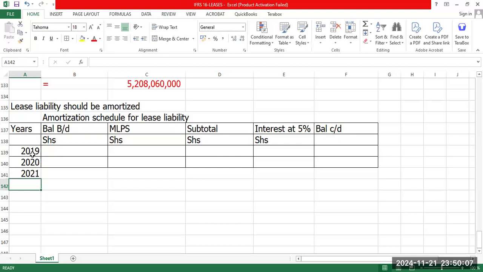Okay. Colleagues, when you're putting years, make sure that you follow the order from the lease agreement up to the reporting period, then add 1 year.